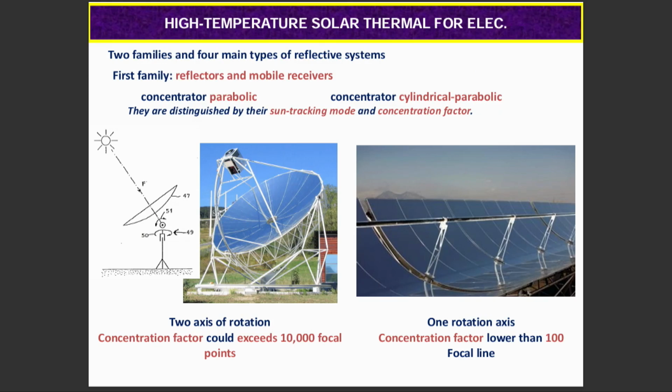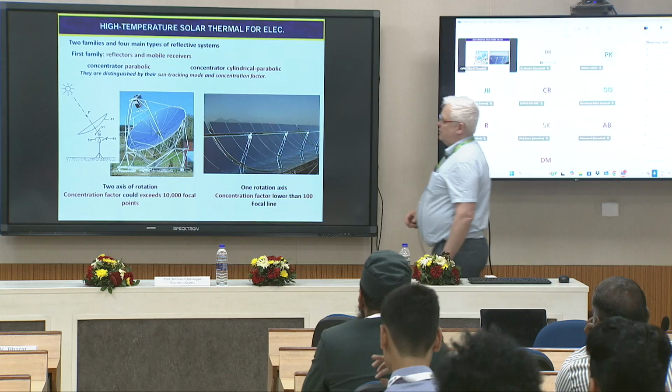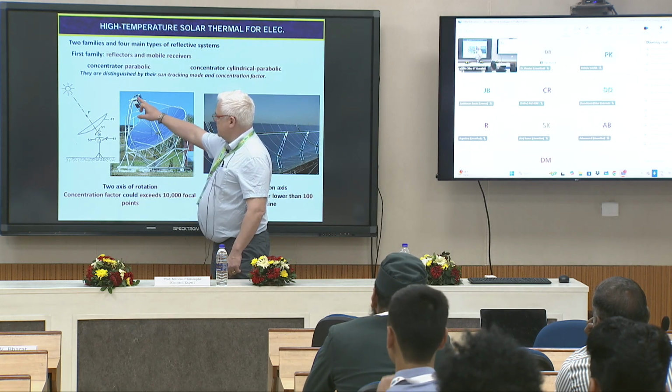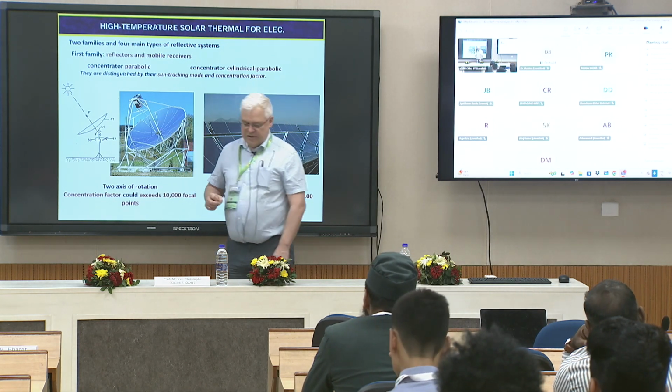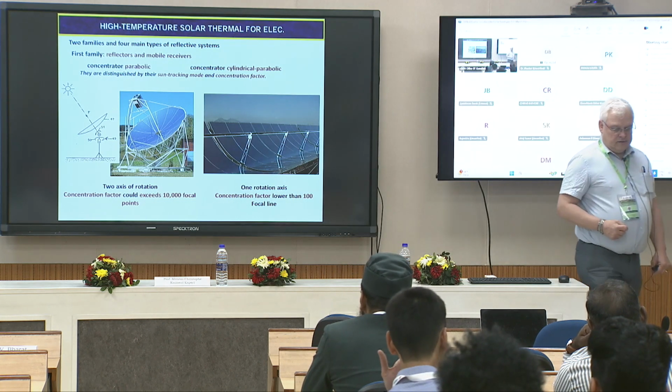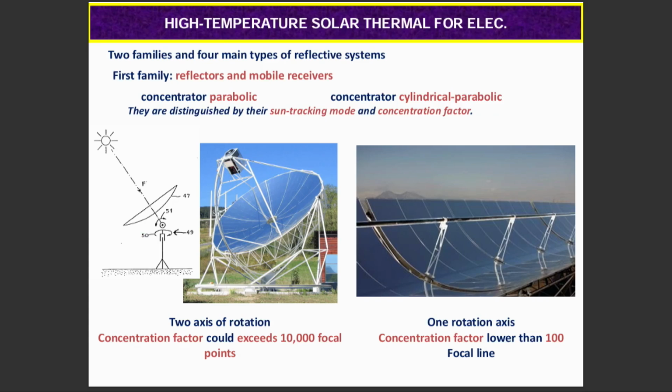It has been shown yesterday: what we call the dish, with two-axis rotation. At the center, there is a parabola which is focusing on this engine, which is a Stirling engine that allows to generate electricity.